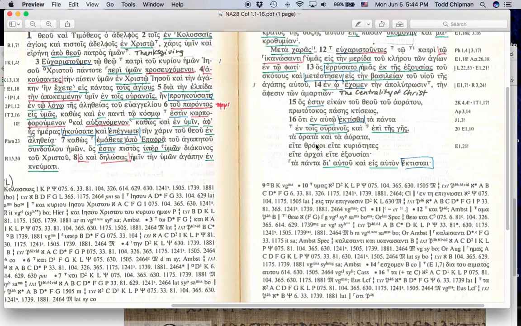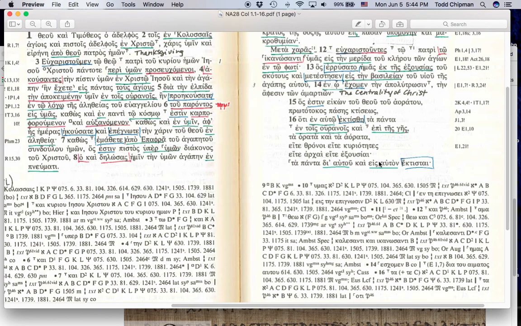We have thought about some other instances of nominatives here in Colossians, but I want to think just about textual criticism for a few moments, and especially down here, this mark. Eite thronoi, eite kyriotetes, eite archai, eite exousiai, ta panta di' autou kai eis auton ektistai.